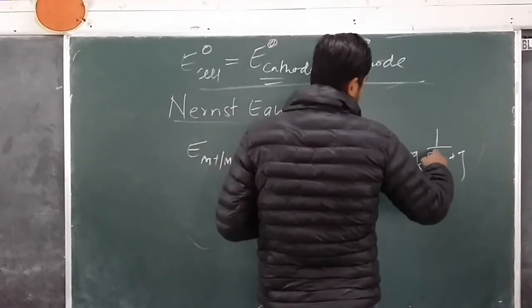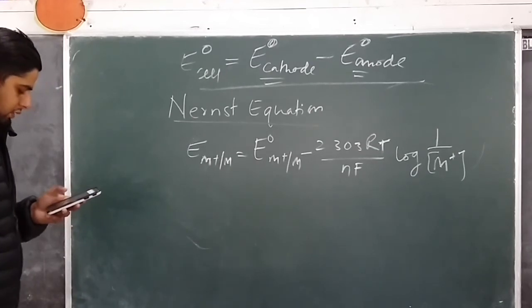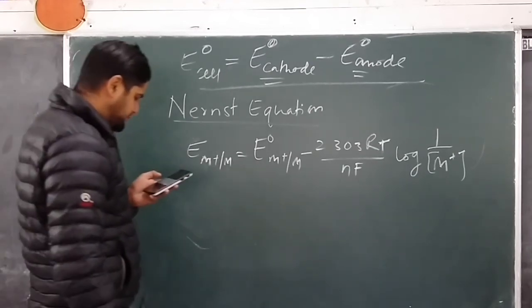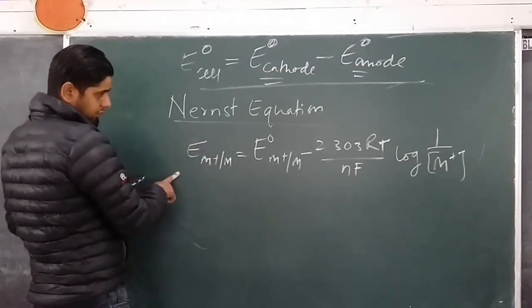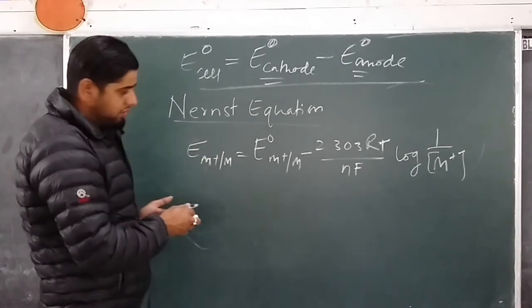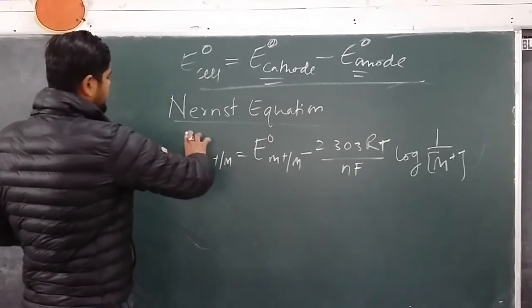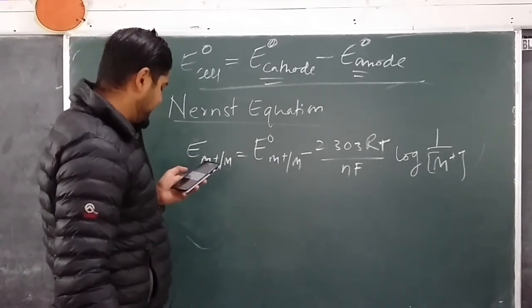The bracket represents the molar concentration of the metal ion. This is the equation. You will get some numerical problems which you have to solve using this mathematical expression or formula.